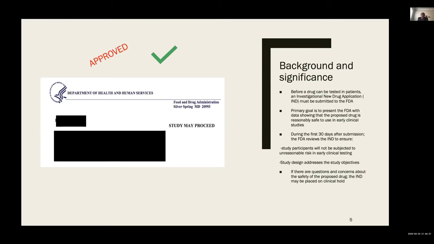The date on the study may proceed letter indicates what's called the activation date. The day the study may proceed letter is issued is when the IND becomes active, and the IND is said to be active from that particular date.